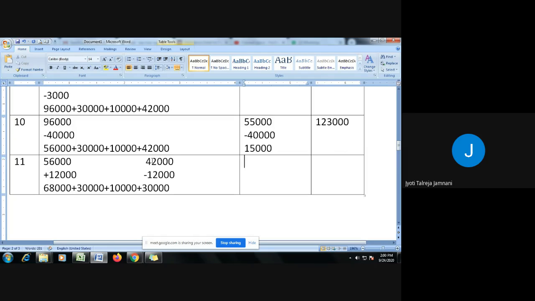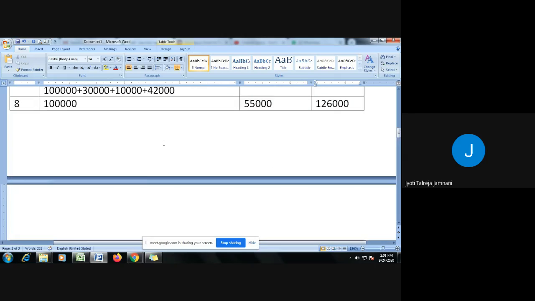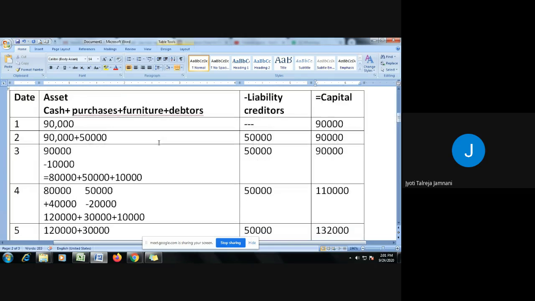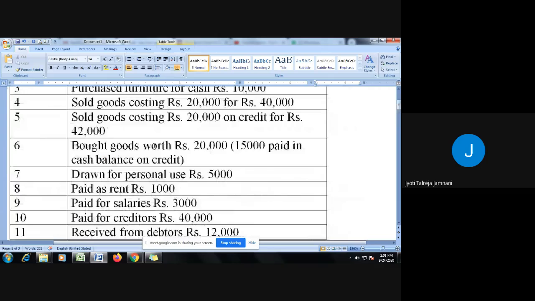So the new debtors are 30,000, and we still have to pay 15,000 liabilities. Therefore, the capital is 1,23,000. You can just check. 68,000 plus 30 is 98, plus 10 is 1,08,000, plus 30 is 1,38,000. From that, if I minus 15,000, I'll get 1,23,000. So this is how an account equation problem is to be solved. I hope it was clear. Thank you.